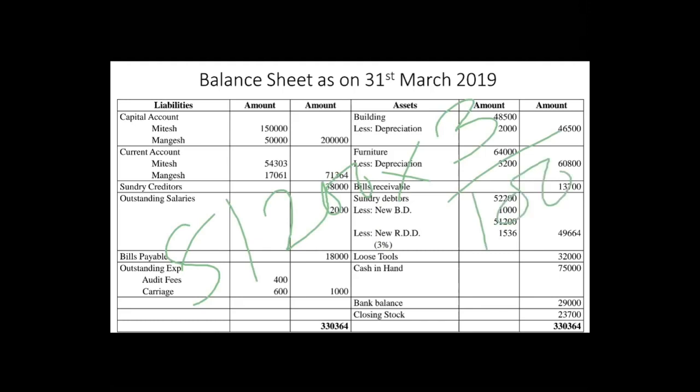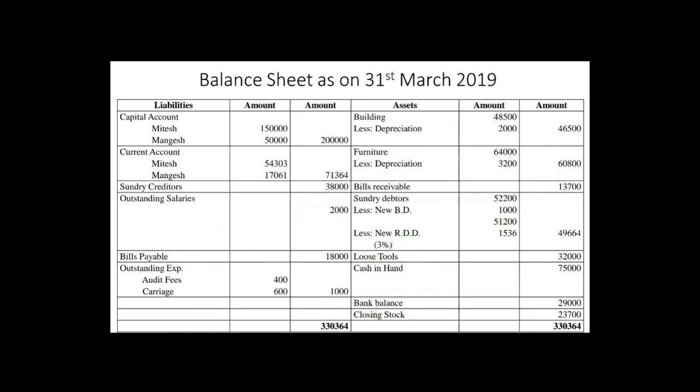You have to find out how much it will be: 1,536. So this is the amount of RDD we have got. From 51,200 you will going to minus the amount of new RDD 1,536. So whatever amount remains, it will be recorded in the second column of the amount column. Okay, so this is the way you will record if new bad debt and new RDD is given.